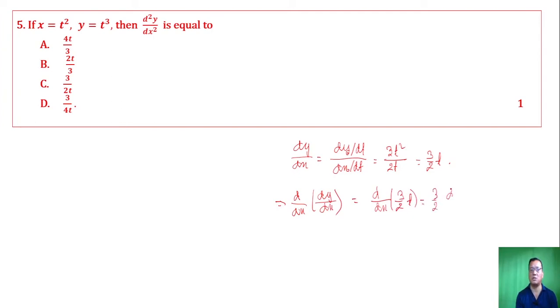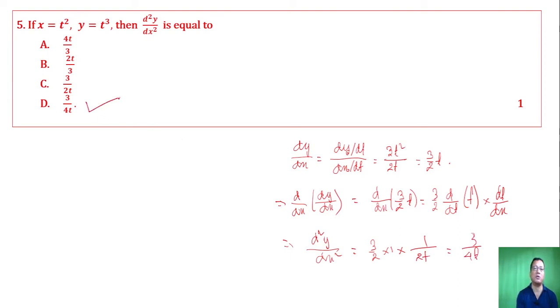So d square y by dx square is d by dt of 3 by 2 t into dt by dx, where dx by dt is 2t, giving 3 by 4t. The correct option is B.